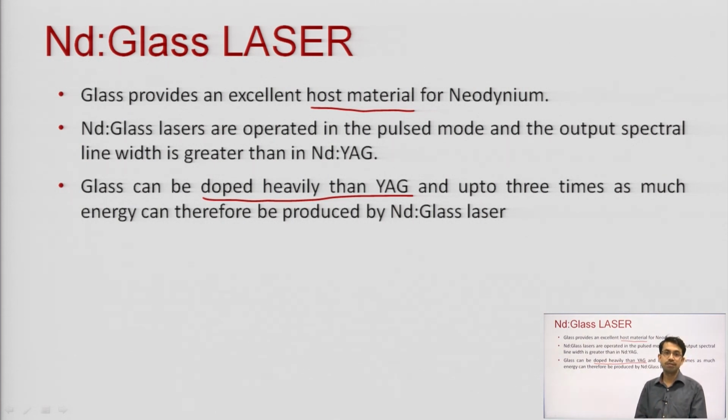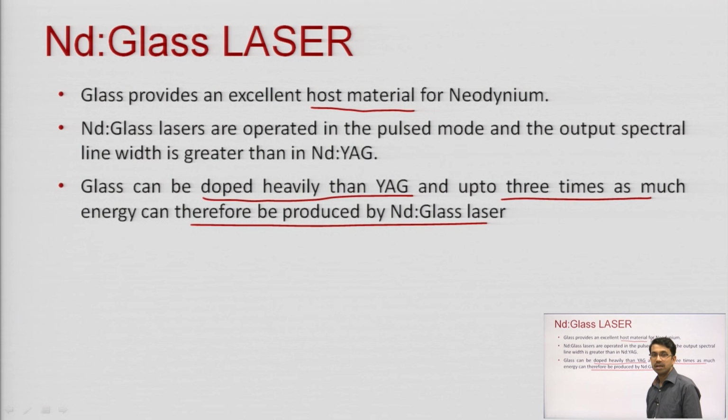If we have more atoms of neodymium, we get more electrons, we get more photons of the correct energy, and for the same amount of material and the same amount of pumping, the efficiency of Nd glass will be more, up to 3 times as much energy as compared to the Nd-YAG laser can therefore be produced by the Nd glass laser.